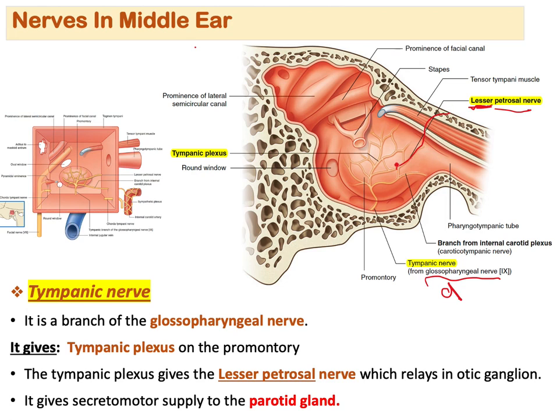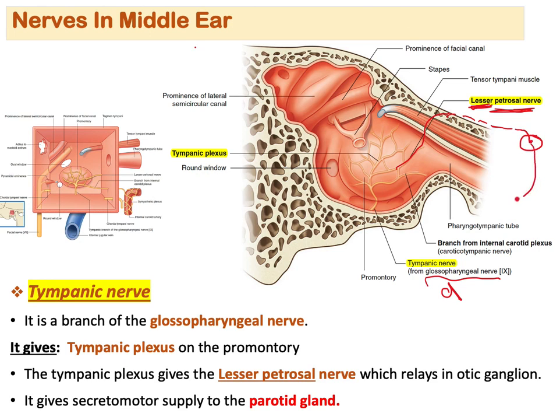So this branch from the tympanic plexus, called the lesser petrosal nerve, leaves the petrous part of the temporal bone and passes on the upper part of the petrous bone until it reaches the foramen ovale. Then it leaves the middle cranial fossa through this foramen.